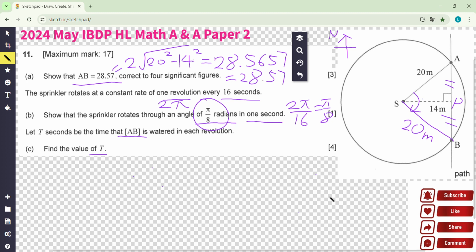How to find it? Remember, use the original numbers 14 and 20. This angle is inverse cosine, right? Remember, change to radian mode.